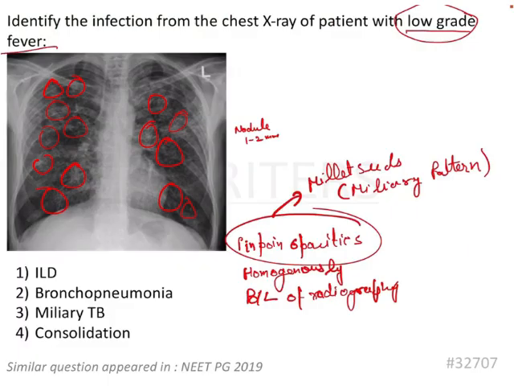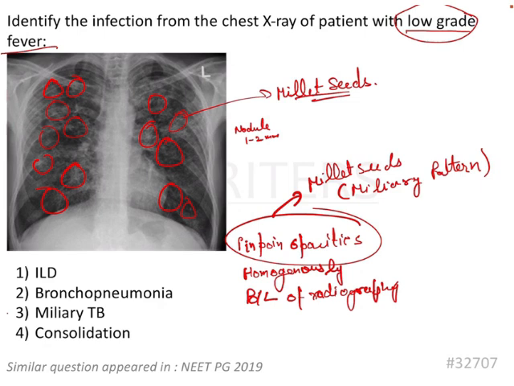Those can be seen on the chest radiograph as well, because there will be small foci of necrosis seen here, and of course the bacteria residing in them. So you will be calling those the millet seeds. These are the millet seeds that spread to different organs of the body and cause the tuberculosis to be disseminated.